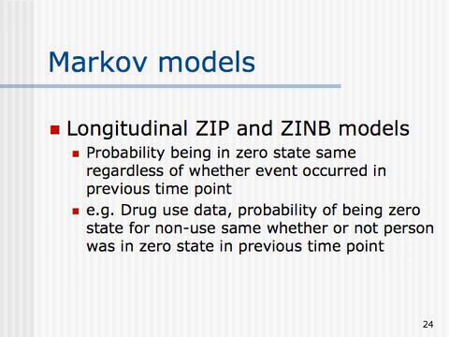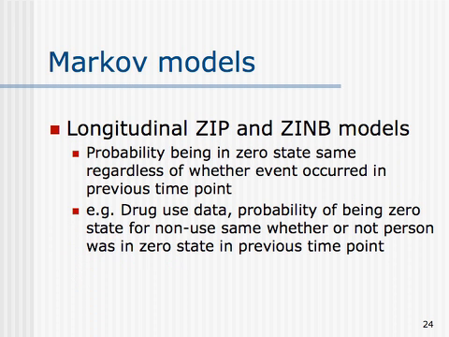So to give a practical example from drug use data, when we model a longitudinal ZIP model and you assess drug use over time, you assume the probability of being in the zero state for non-use is the same whether or not the person was in their zero state in the previous time point.